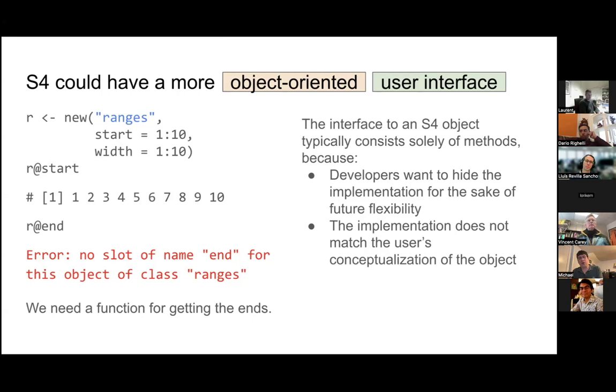So there was really no protection besides telling everybody to call functions. And functions are a lot less discoverable than taking an object and asking, what can I do with this object?